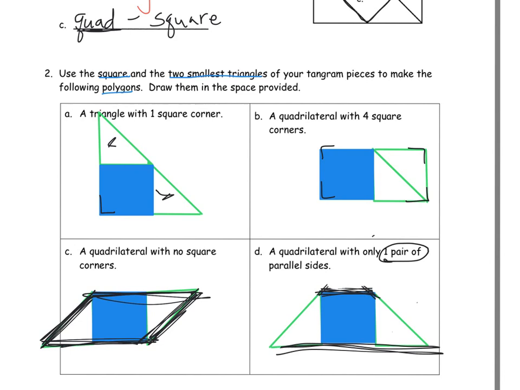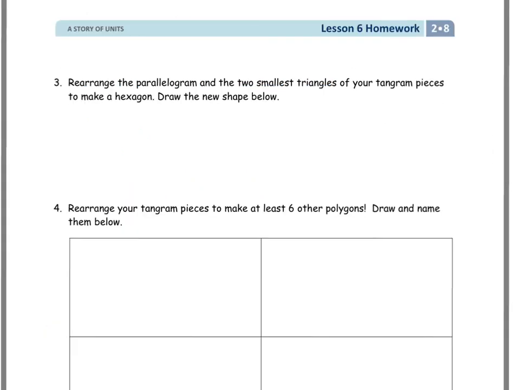Let's take a look over at page 2. So for number 3, it says rearrange the parallelogram and two smallest triangles of your tangram pieces to make a hexagon. Draw the new shape. So I know that a hexagon has to be 6 sides. So I'm looking for 6 sides. And I need my parallelogram.